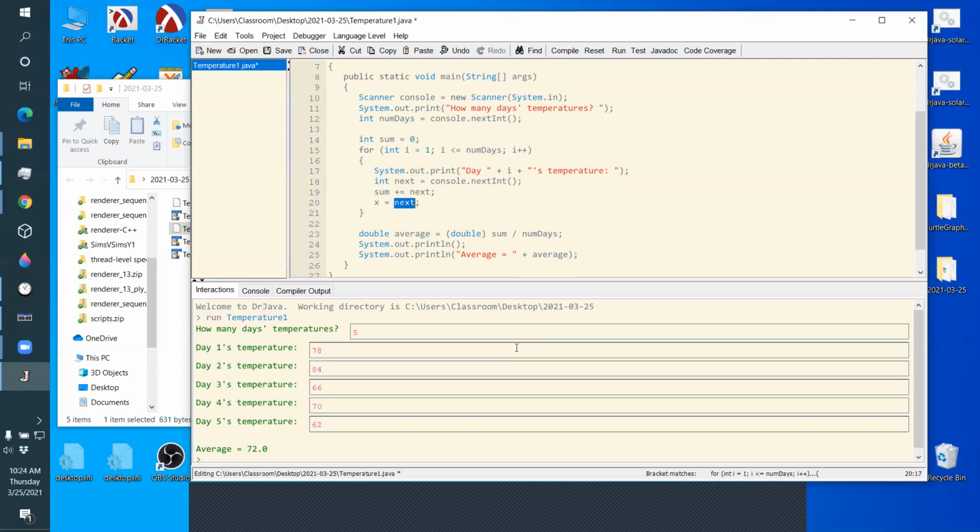You need to define that x is an integer variable. That's easy enough to do. So int x, save the number in x.